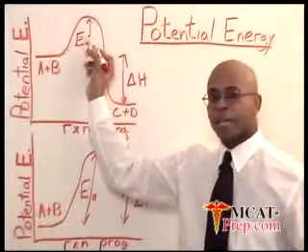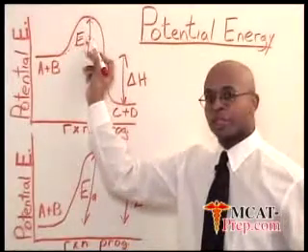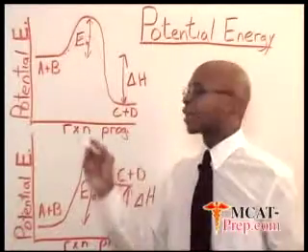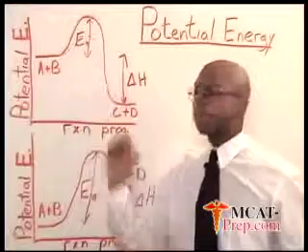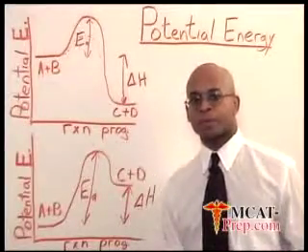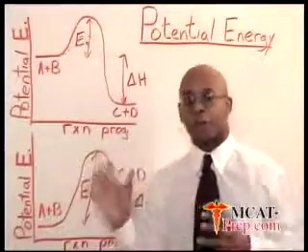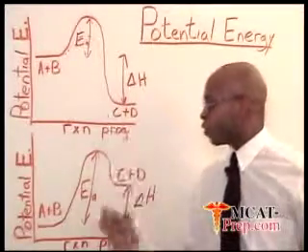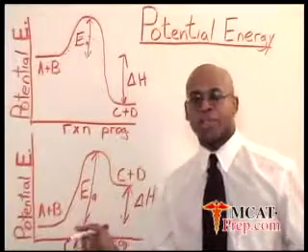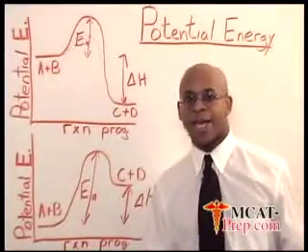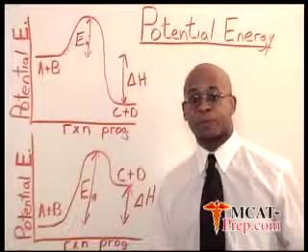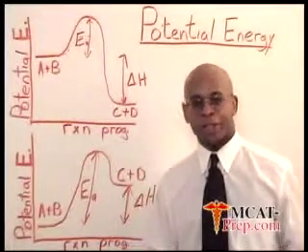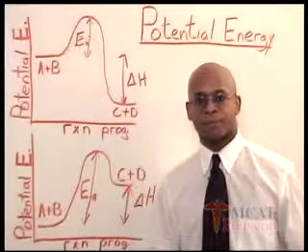The activated complex will be in a lower energetic position because of the use of the catalyst, and therefore the activation energy will be lower. So these are common curves that you may see on the MCAT exam, so it's important to quickly recognize them and to know what your delta H is, your activation energy is, and the particular effect that a catalyst can have on these curves. Now we're going to move on to electrochemistry, and in particular, electrolysis.